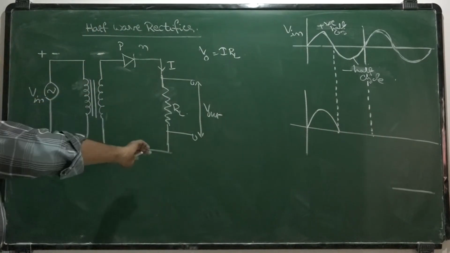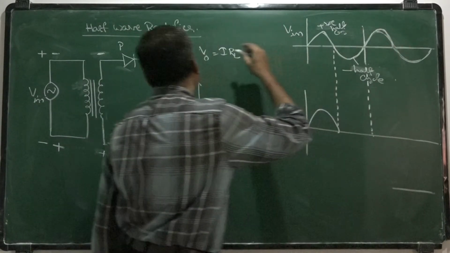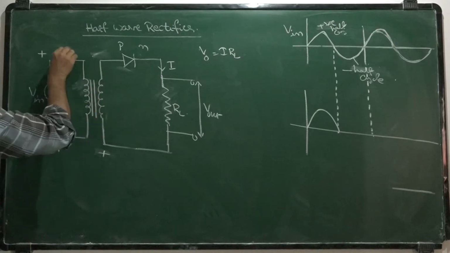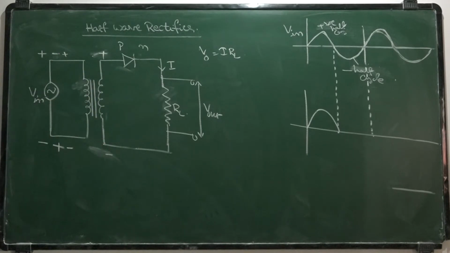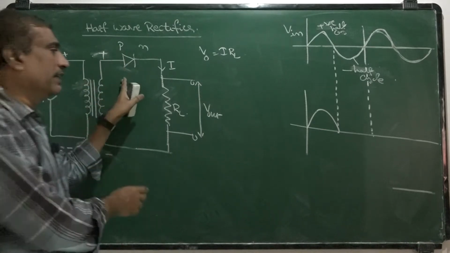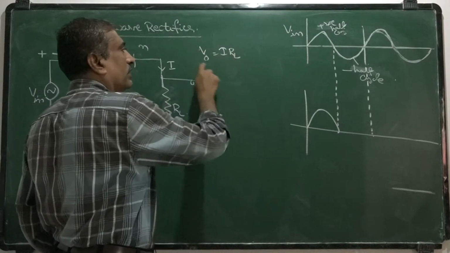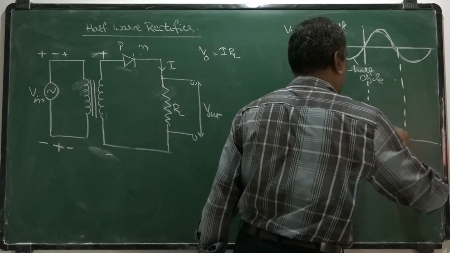Now in the next half cycle, again this becomes positive and this becomes negative. Again this PN junction diode is in forward bias and conducts, and gives an output of V out equal to I RL. So in this case we get another half cycle like this.